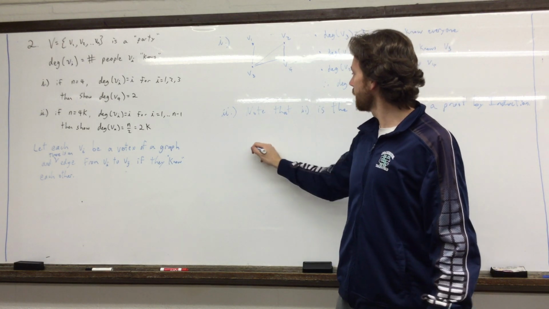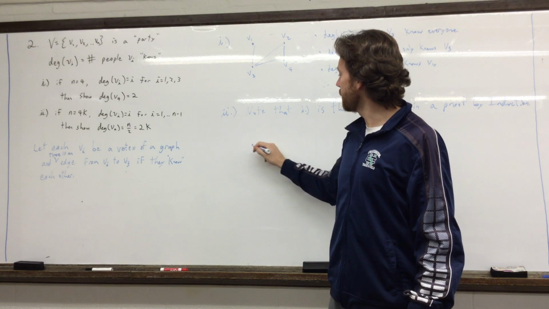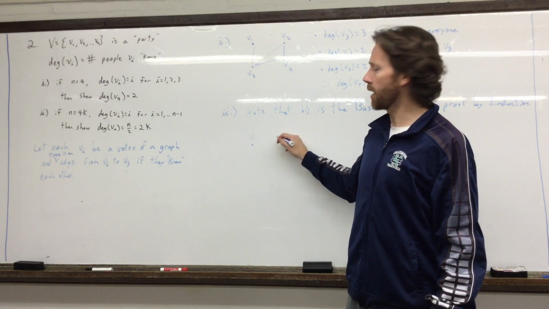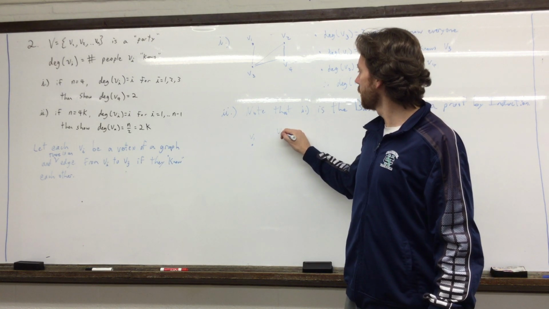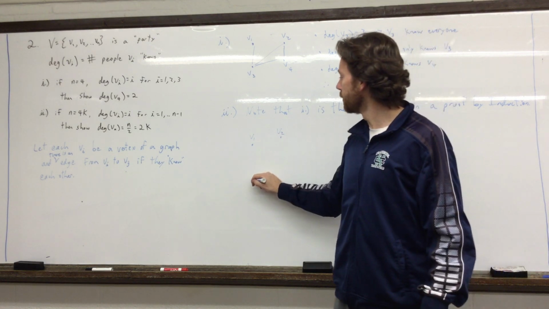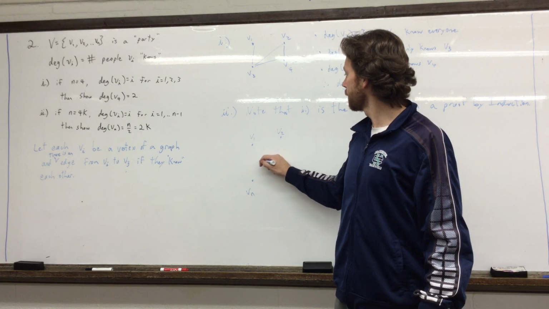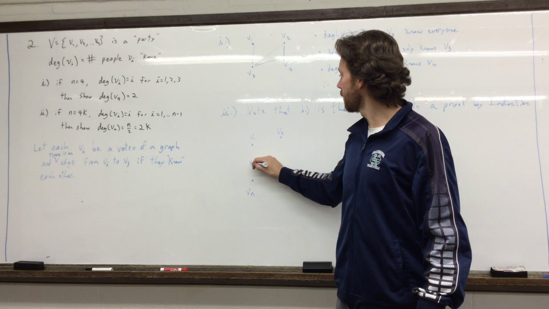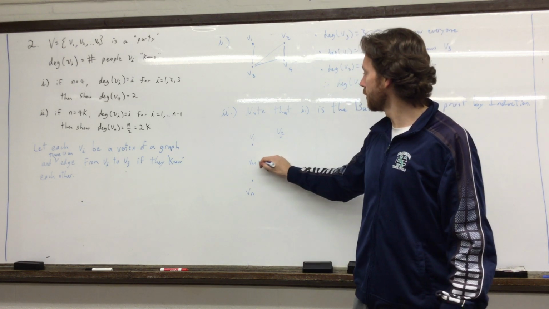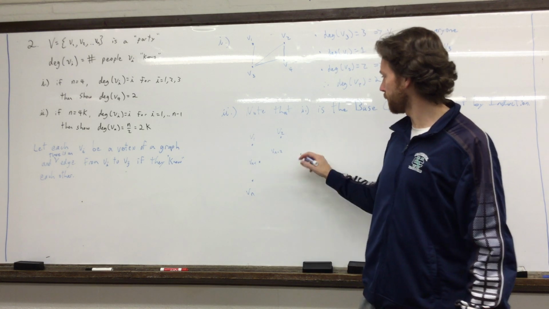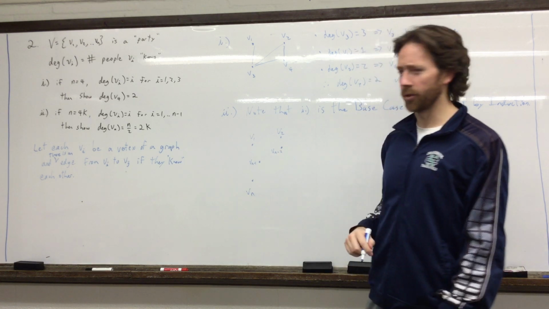So I need to keep some guys separate and some guys kind of grouped together. So I'm going to mark out V1, V2, Vn, Vn-1, and maybe also Vn-2 as separate dots.